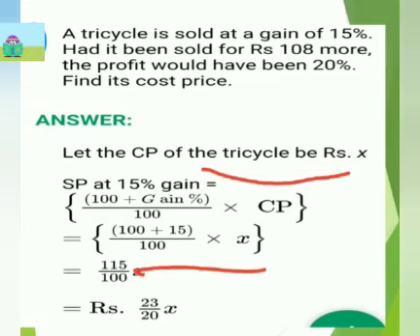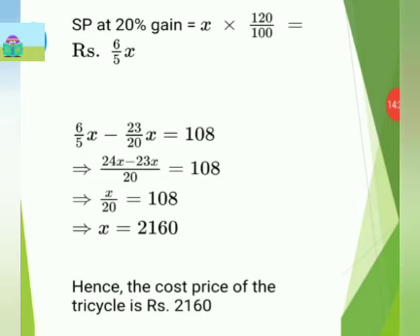So (100 plus 15) upon 100 multiplied by CP, which you have considered as X. So 100 plus 15 will give you 115 upon 100 x. Bring it into lowest terms. So this will be equal to 23 upon 20 x. So we have calculated the selling price at 15% gain.